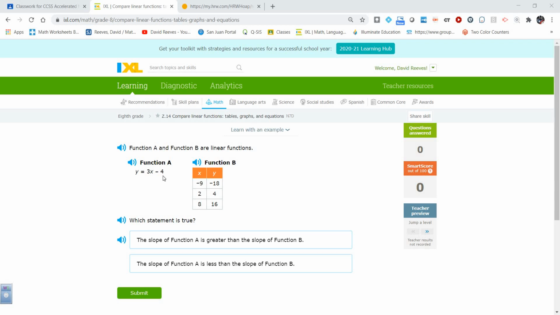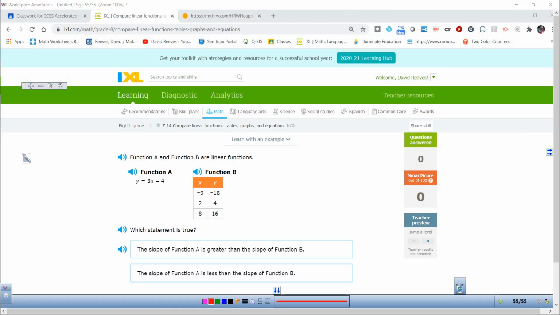All right, so we've got function A and function B. Function A is an equation written in the form y equals mx plus b. Remember, when we have an equation, we have a non-proportional linear equation. It's y equals mx plus b, where m is the slope and b is the y-intercept.